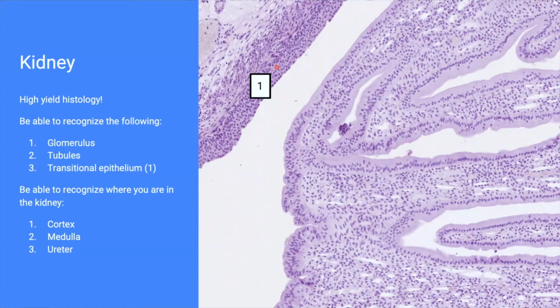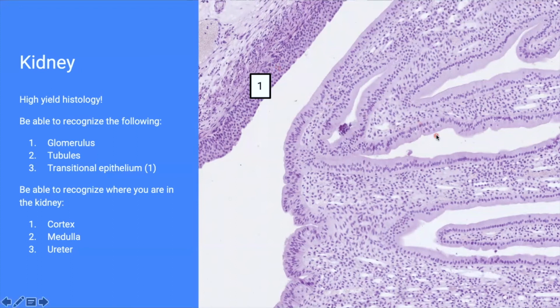I will show you a picture when we get to the bladder of a more clearly identifiable transitional epithelium sample, but it is pretty darn specific for the GU system. It's really only found in the ureters and bladder in our body, so if you see a transitional epithelium, be thinking of the GU system in particular.